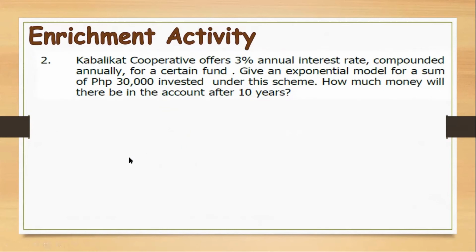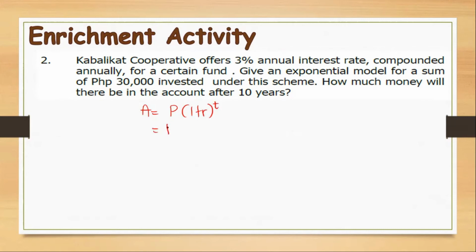Let's continue. Kabalikat Cooperative offers a 3% annual interest rate, compounded annually, for a certain fund. Give an exponential model for a sum of 30,000 invested under the scheme. So, our A is equal to the principal amount multiplied by 1 plus the rate raised to time.